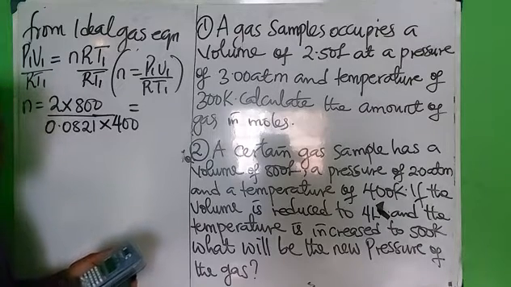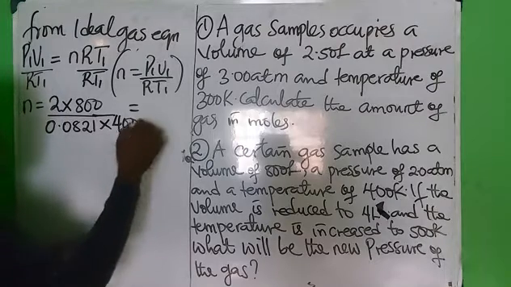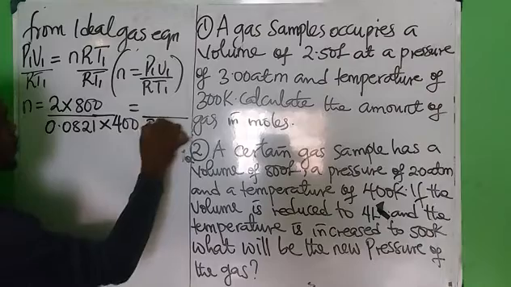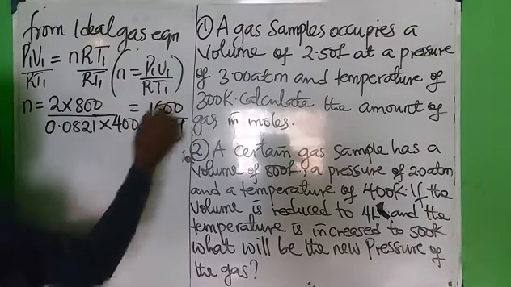0.0821 times 400, I'll have 32.84. I have here 1600.